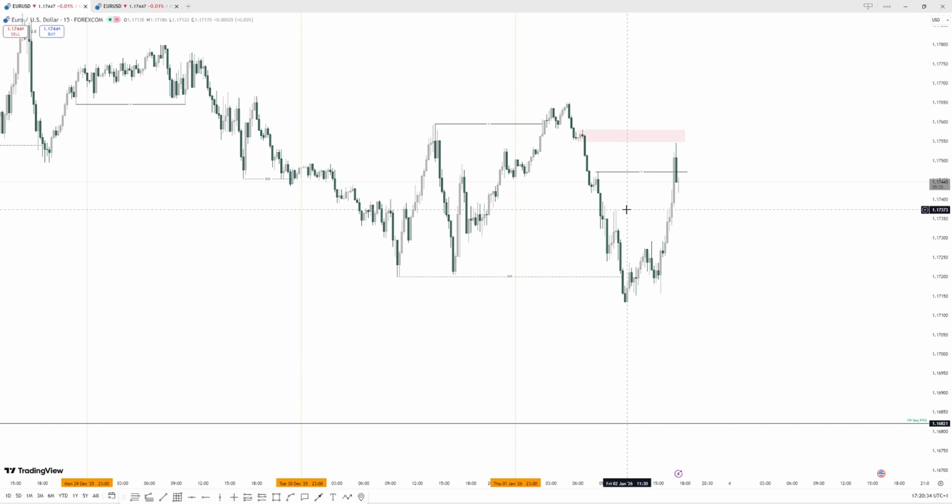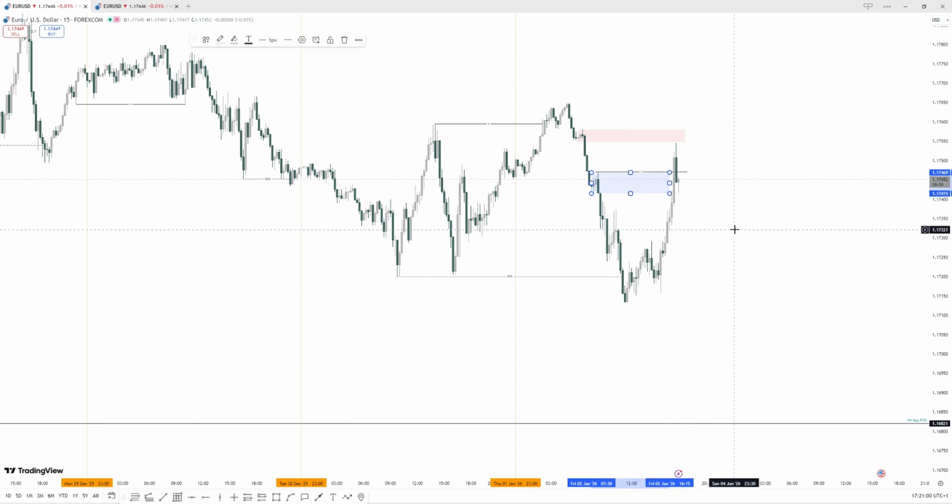We have the inducement here, right? This is the inducement. And meanwhile, we have unmitigated order flow. Look at it, I've marked it out already. We have unmitigated order flow here. This order flow has not been mitigated also. Let me mark it out so you see what I'm saying. This is one order flow. It has not been mitigated at all. And we have another order flow here. This one has been mitigated already.